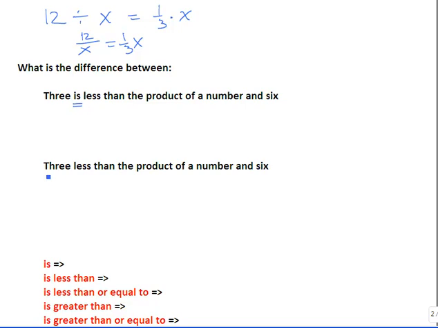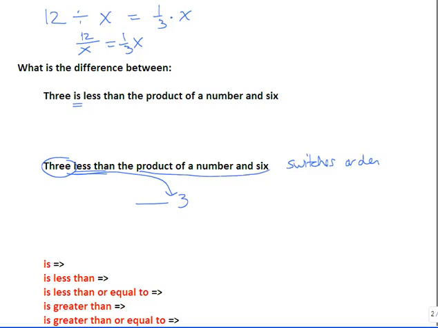Now we've actually already done this second example. When you see that phrase "less than," remember that's subtraction, and it switches the order around. So the 3, which came first in words, comes second in symbols.